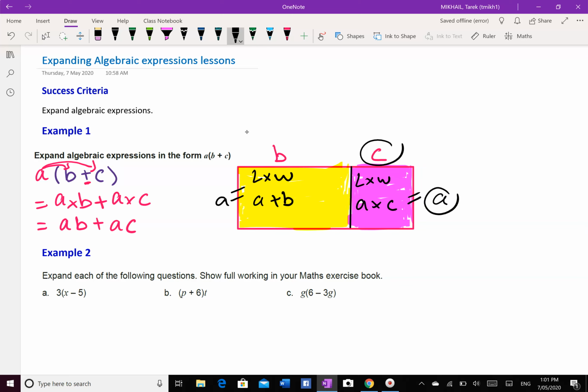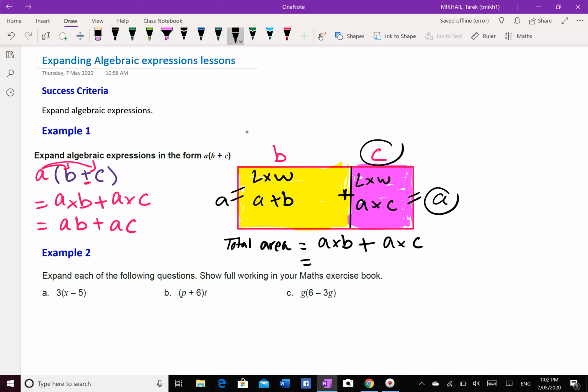And this will be our answer. Our answer is total area equals A times B plus, so you have to add those rectangles, A times B plus A times C. We can write it that way because in algebra we don't write the multiplication sign between the variables or the letters.